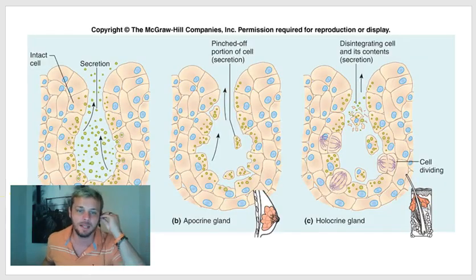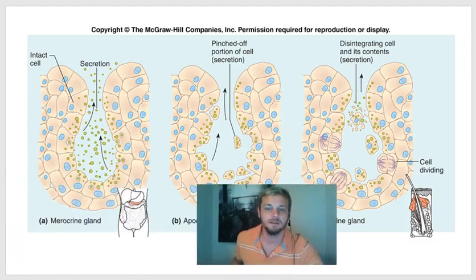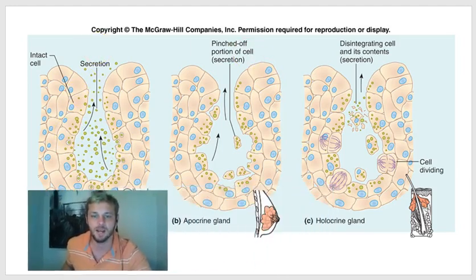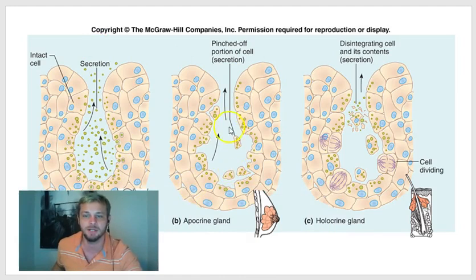So if you look at them, here you can see a merocrine gland, and this one is in the pancreas. And you see when it secretes, it just secretes out by exocytosis, and these vesicles go and do the thing. With your apocrine, like this mammary gland, you can see bits of the cell actually get broken off.